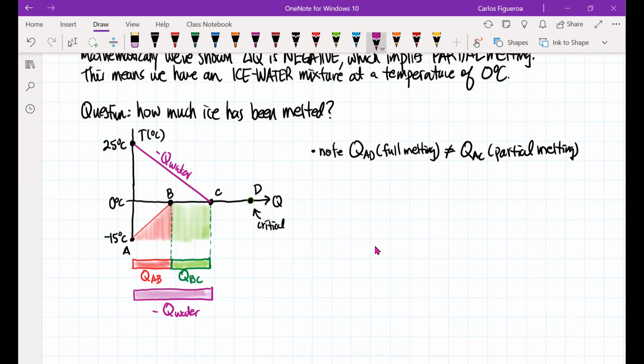So when you're looking at this, note that we've already calculated these numbers. And so what you're finding here is that we do not know the value of QAC. No, not QAC, excuse me.